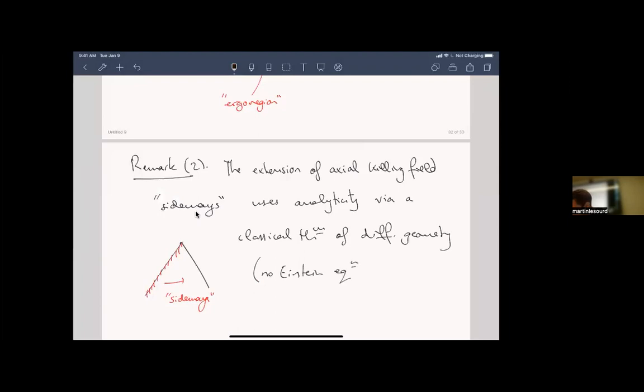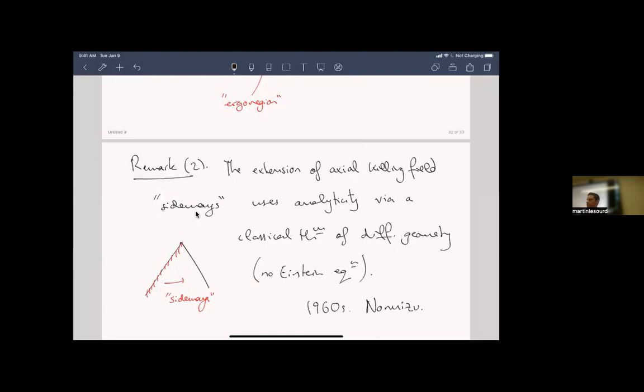So this is, for the mathematicians, the biggest problem, because basically going from the Killing horizon, which is the symmetry on the horizon, to a global axisymmetric spacetime involves using analyticity, but the actual proof is a theorem from the 1960s by a certain guy called Nomizu.